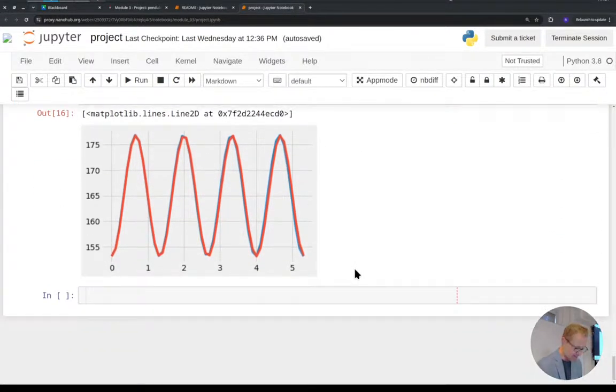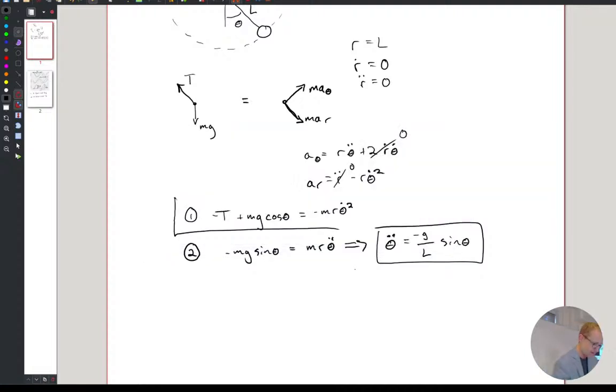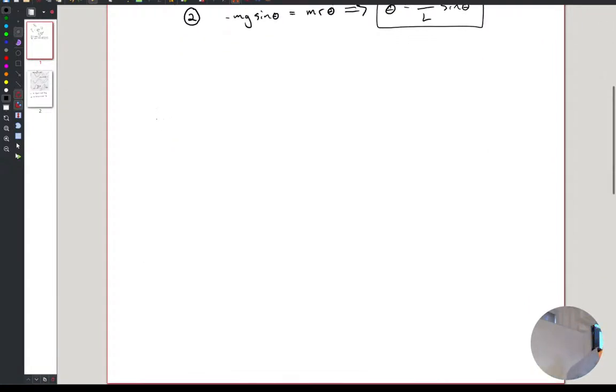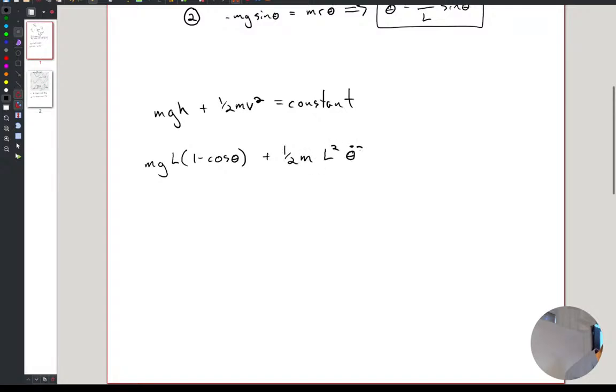But we could also say mgh plus 1/2 mv squared is constant. So this is going to be mgL(1 minus cosine theta) plus 1/2 m L squared theta dot squared.